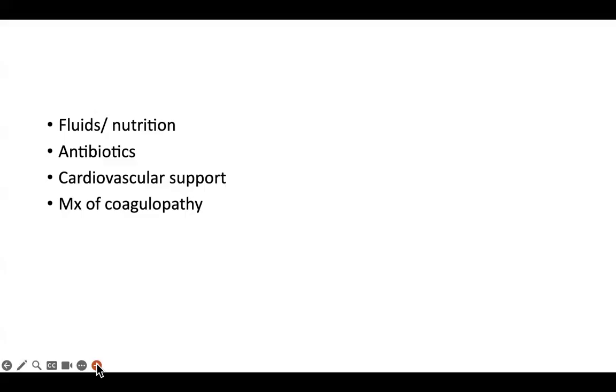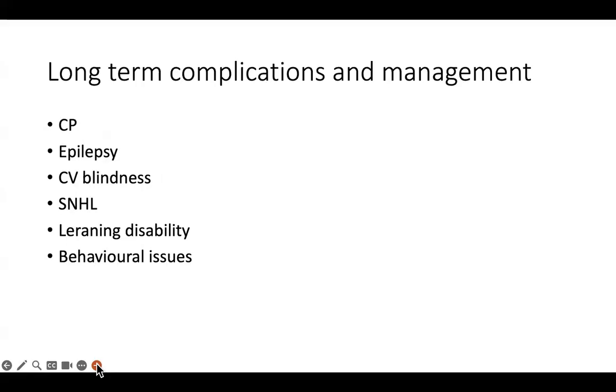Cardiovascular status should be regularly monitored with the heart rate, perfusion, pulse volume, and the blood pressure. Whenever there is poor perfusion, babies will need inotropic support. We already know that they can develop coagulopathy. So if there are bleeding manifestations, they will need correction with blood and blood products.